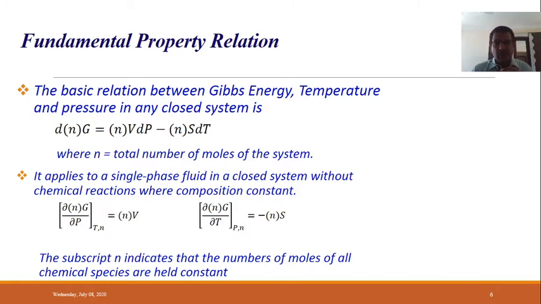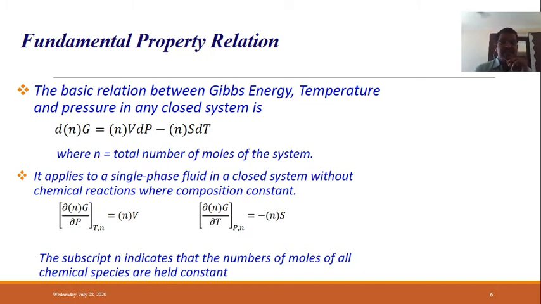Closed system means no mass transfer across the boundary, so composition remains the same and there is no change in composition. The total number of moles in that system will be constant. So the relation is very simple.